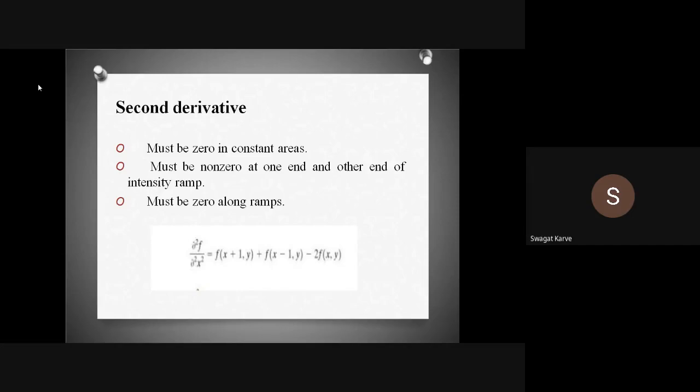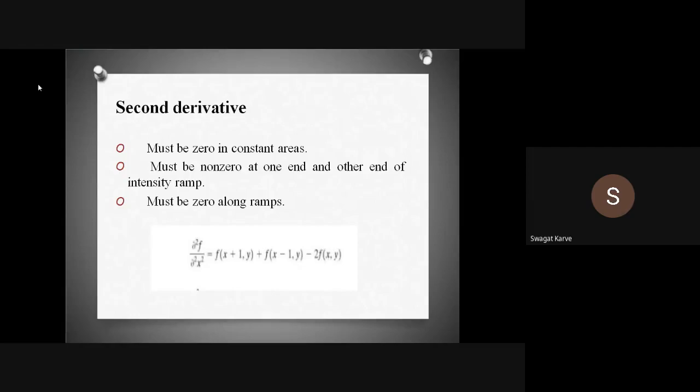In the case of first order, the response is stronger to a line than to a point. In the case of second order, exactly the reverse is the case: the response is stronger to a point than to a line. And the last difference: the first order derivative has less ability to enhance fine details in an image, while the second order has a better ability to enhance fine details.